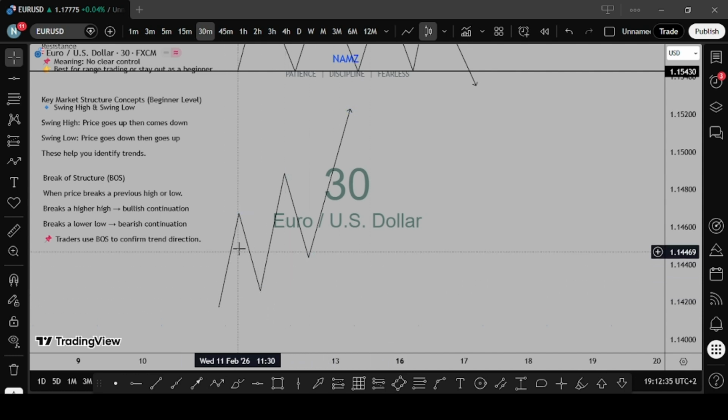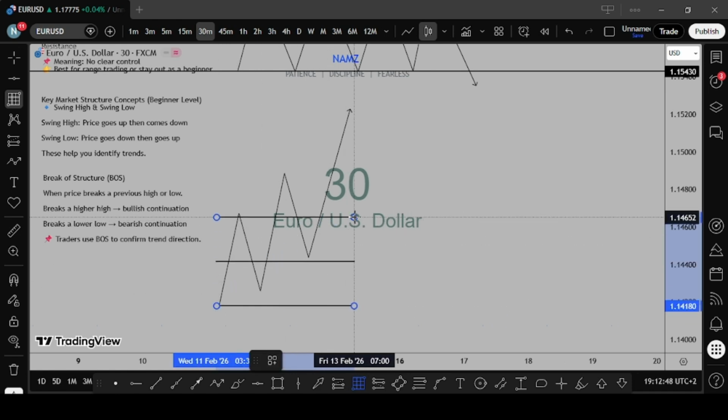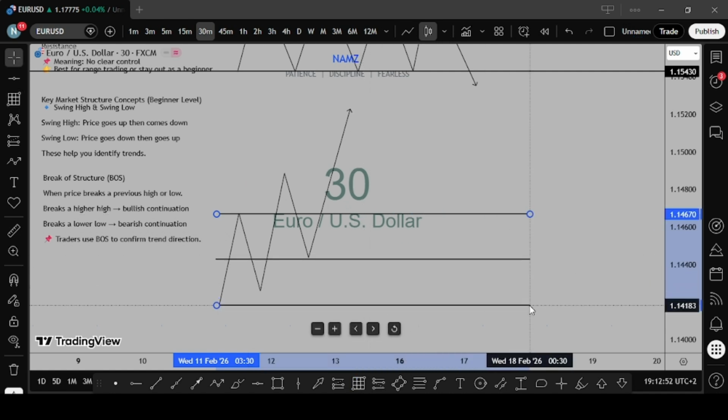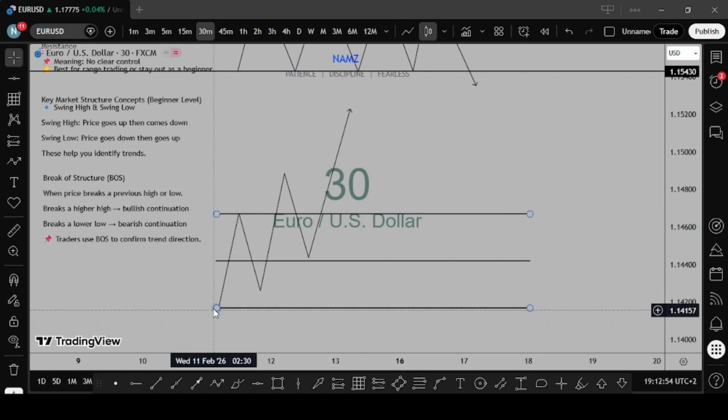So what do you expect in this kind of market? You are expecting to buy. So when the price goes up, you wait for it to come into a discount level, and then from there you buy. For instance, this is the lowest point, this is the high point.